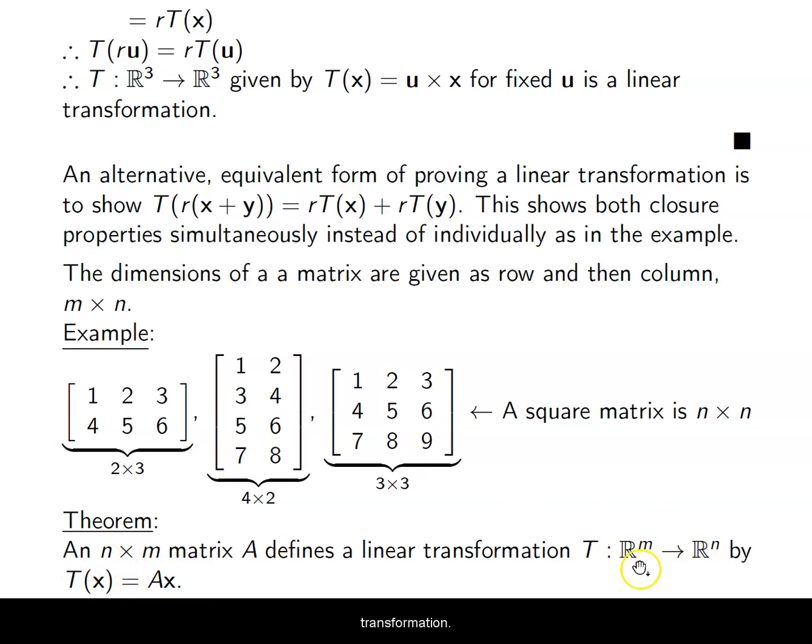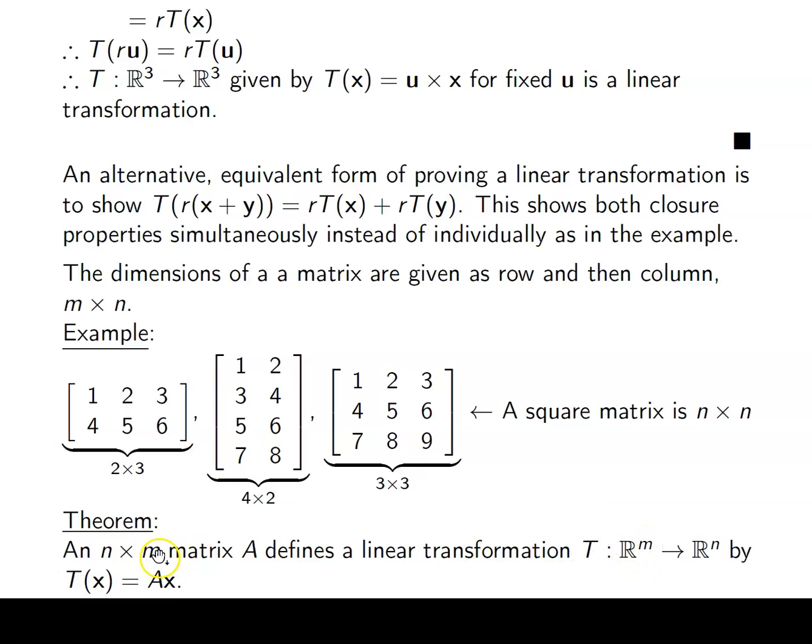So for your linear transformation, the order is reversed from your matrix. The number of equations you're going to see represents the space you're going into. The number of variables you have represents the space that you're in.